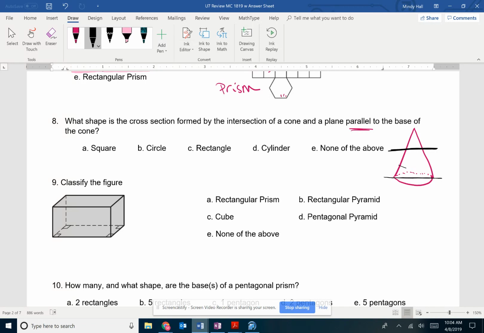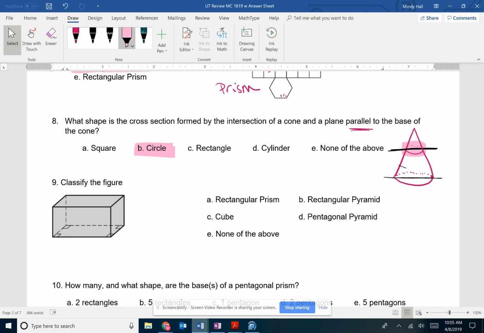And so because of this cone, I know that this would come down and be like that. So your cross section is actually what's happening in here. If we looked at that part of the cone from the top looking down, that shape would be a circle. And just keep in mind that your cross sections should always be 2-dimensional shapes. And that'll be a quick way just to get rid of some of your extra answers in case it's seeming strange.